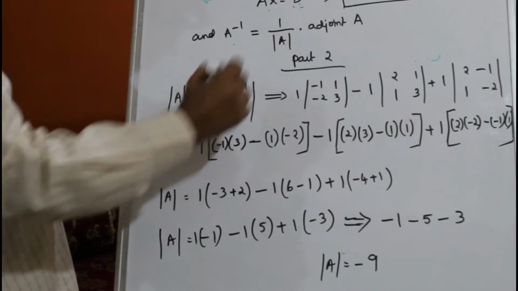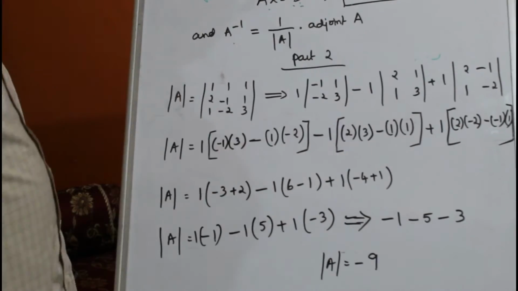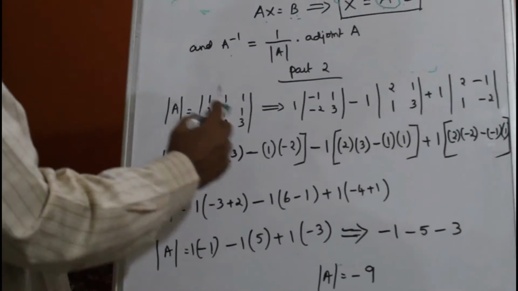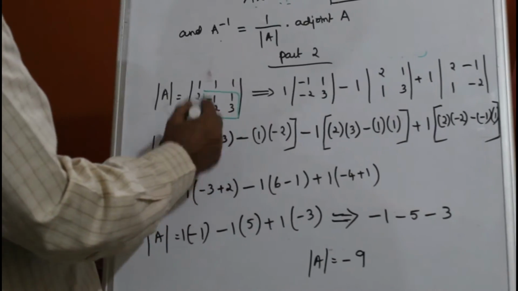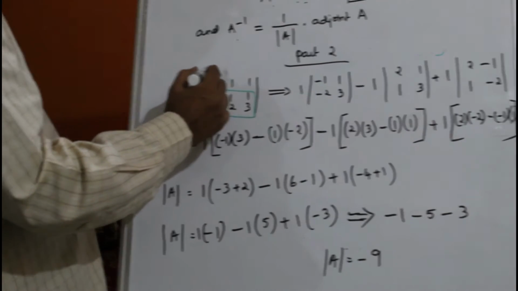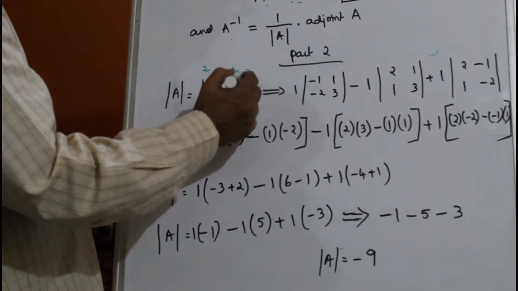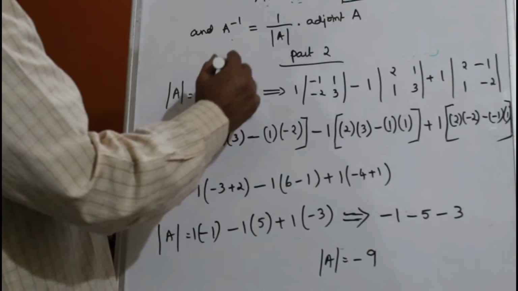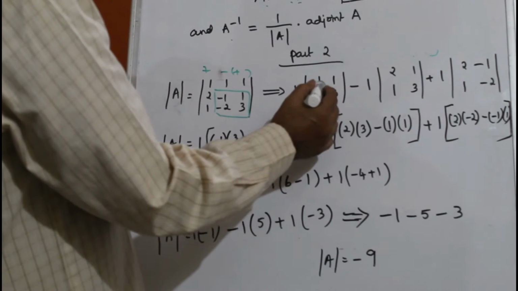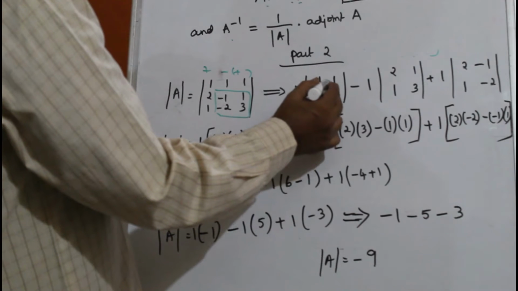Take this and write the determinant form. A matrix doesn't have a value, a determinant has a value. So for 1, you take this block, leave that row and that column. This will be plus, this will be minus, this will be plus. Put minus 1, leave that row and that column, you write this, and then you must multiply like this, as we taught already.